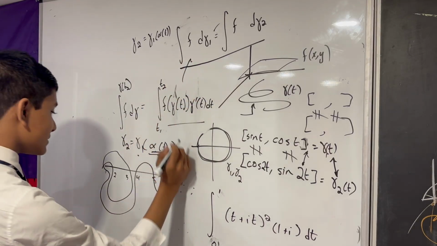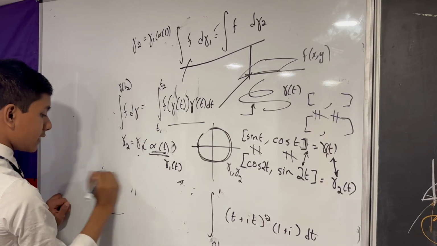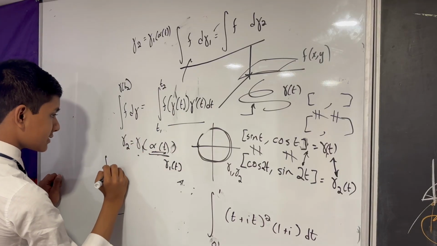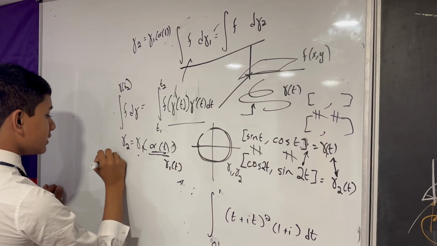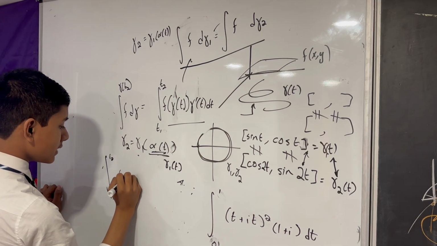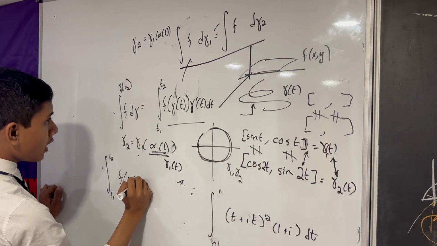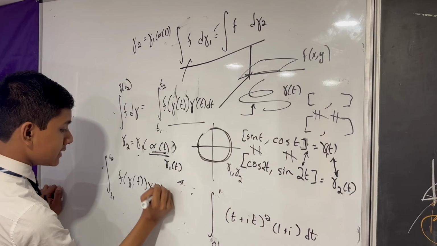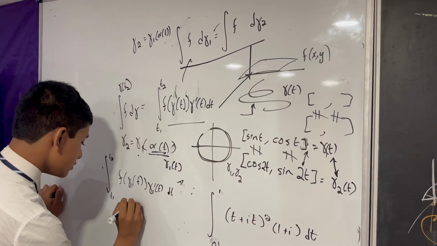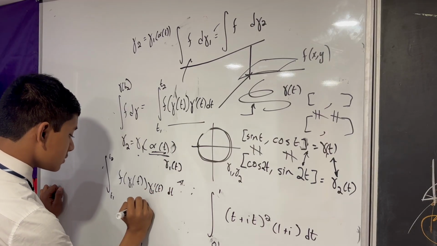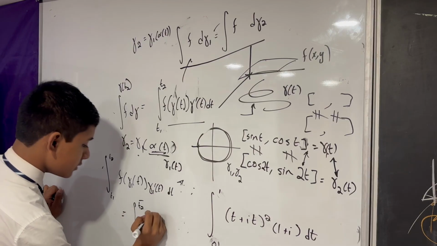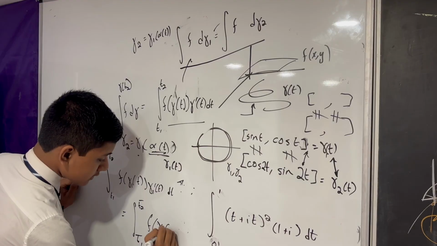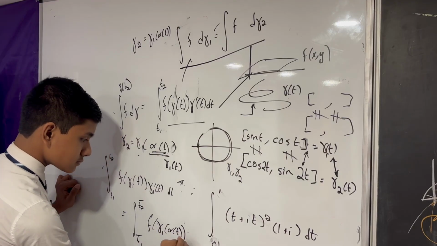And you can see this if you try to take the integral with this definition. From t1 to t2, f of gamma 1 of t, gamma 1 prime of t dt, has to be equal to the integral from t1 to t2 of f of gamma 2 of t, which is gamma 1 of alpha of t.